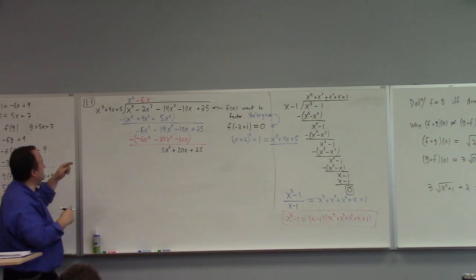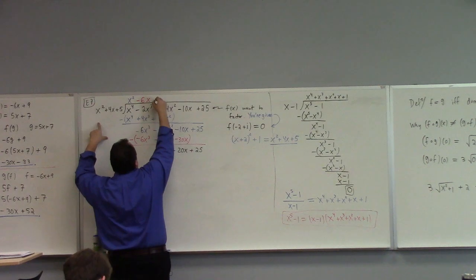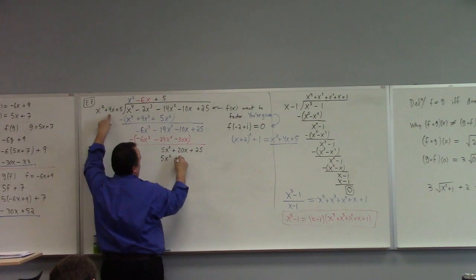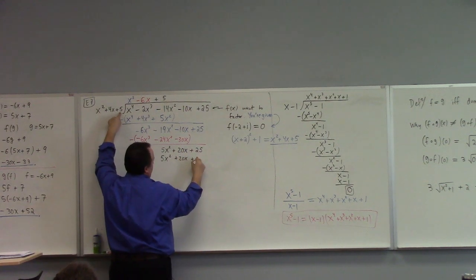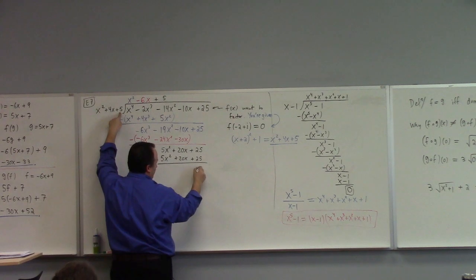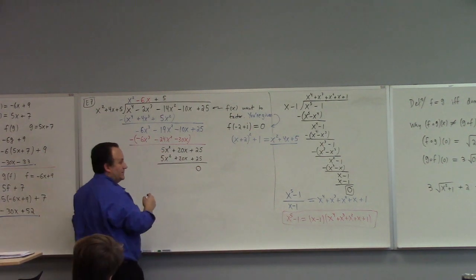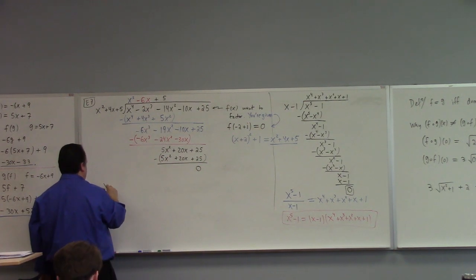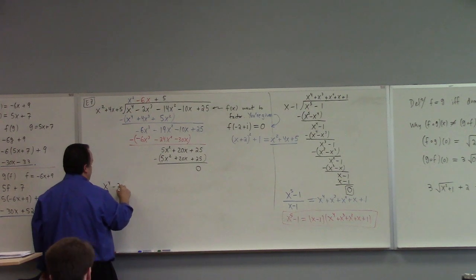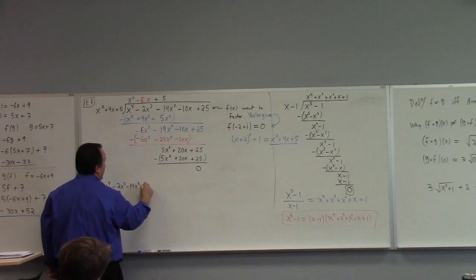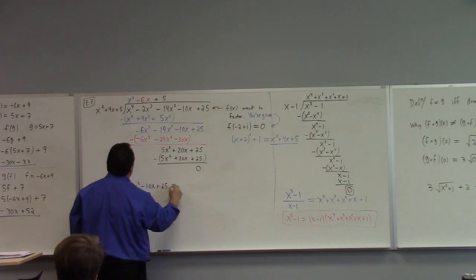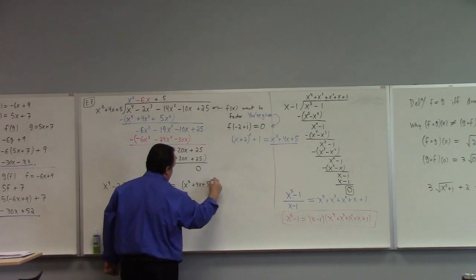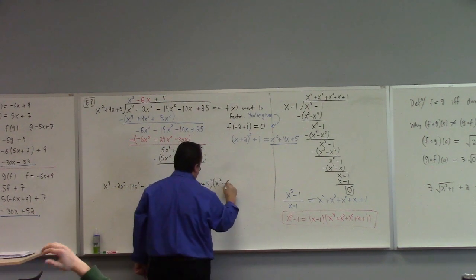And that gives me 5x squared plus 20x plus 25, which delightfully gives me a remainder of 0, right? So what's all this mean? This means that x to the 4th minus 2x cubed minus 14x squared minus 10x plus 25 is, in fact, the product of x squared plus 4x plus 5 with x squared minus 6x plus 5.